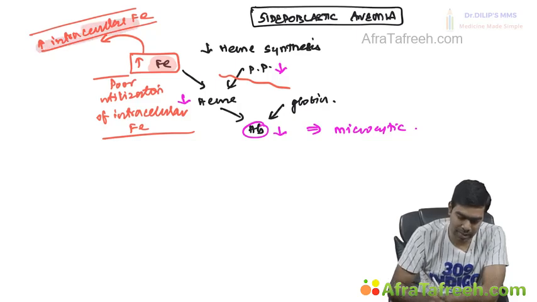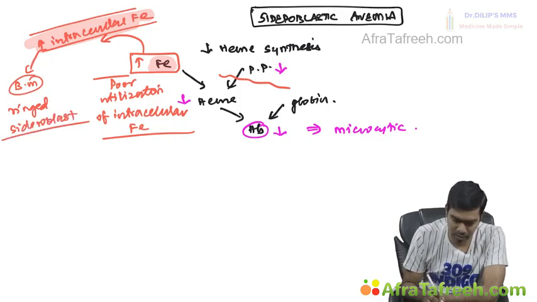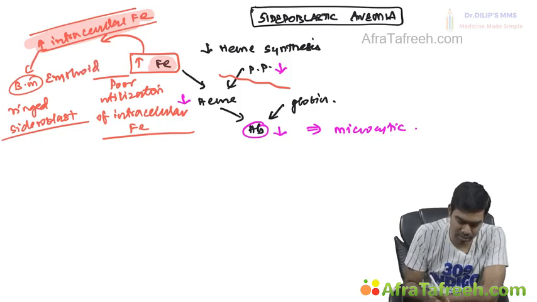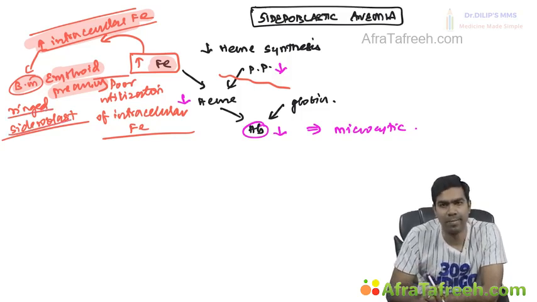So this increased intracellular iron will accumulate in the bone marrow as something called a ringed sideroblast. That is, it will accumulate within the bone marrow erythroid precursors to produce what we call a ringed sideroblast.